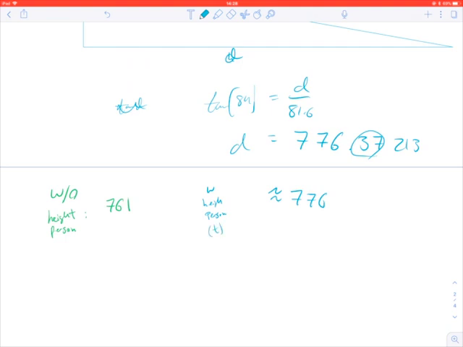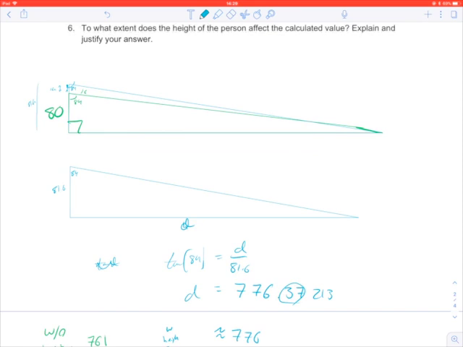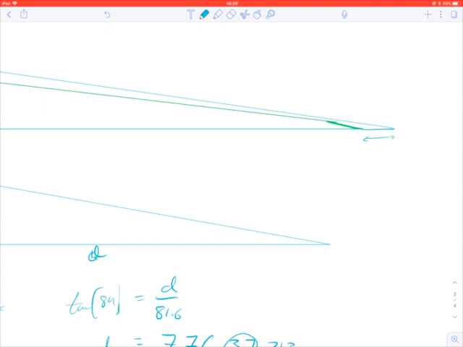I guess this was called T. So these are meters. So the difference between here and here is a 15-meter difference. So that means we're adding 15 meters to this one. I guess it would be like this if we drew it out. This would be the other triangle with the person's height, and the difference would be 15 meters.